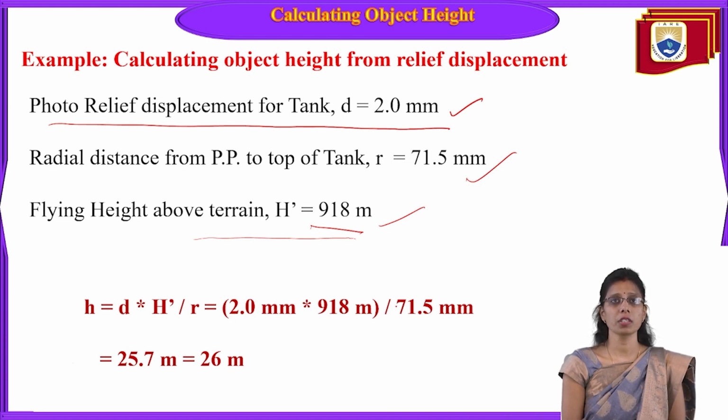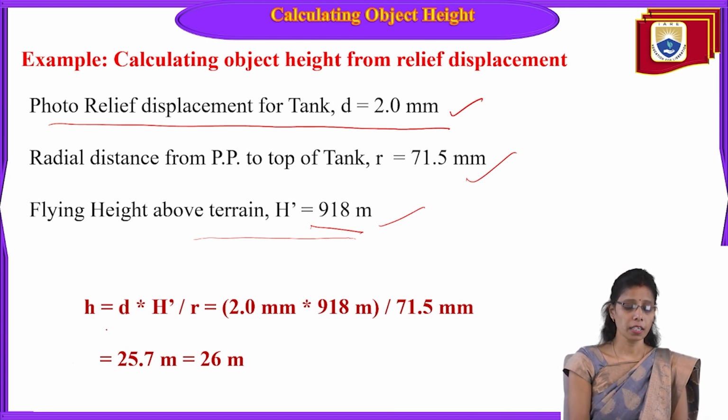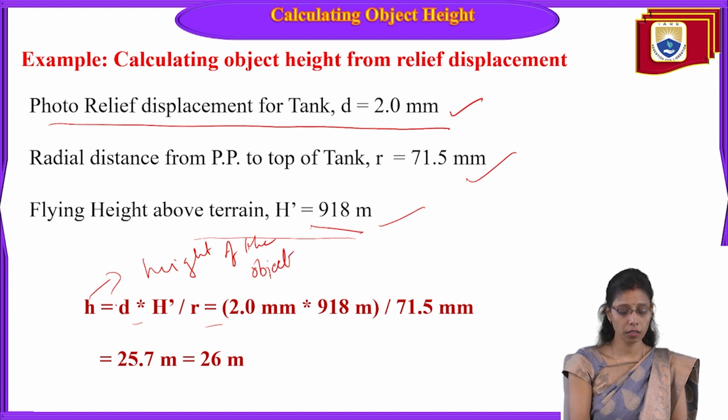Now we just have to put in the formula, that is h = d × H / r. Here h is the height of the object, which you have to find out, right?